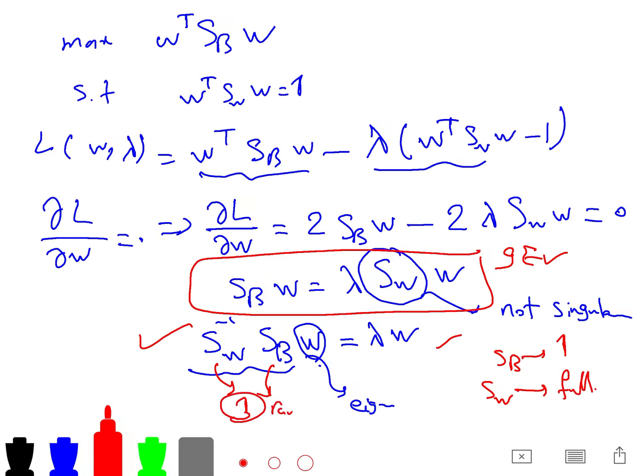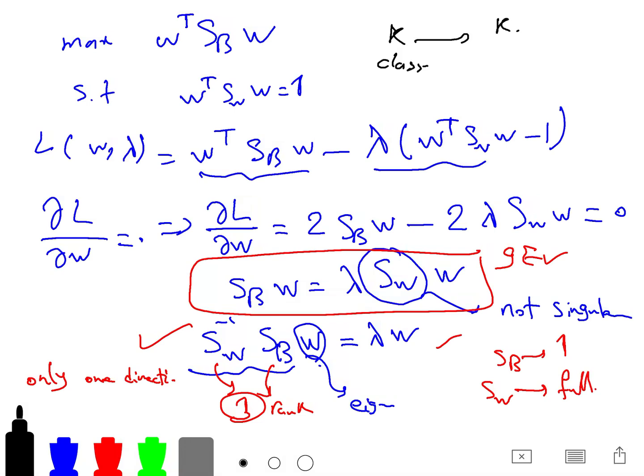So unfortunately, you can only have one direction. But in PCA, you had many directions. And I will show you that for K classes, you can have K minus 1 eigenvectors or K minus 1 directions. I will show you.